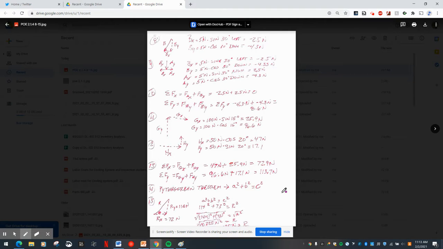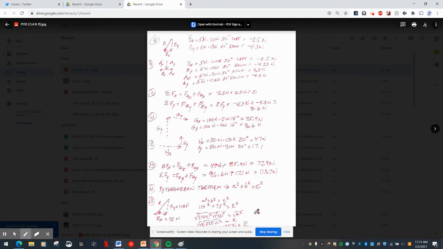So we have 114 squared plus 73 squared equals r squared. And then we have the square root of those equals the square root of r squared, which is the resultant force. And r is right here.